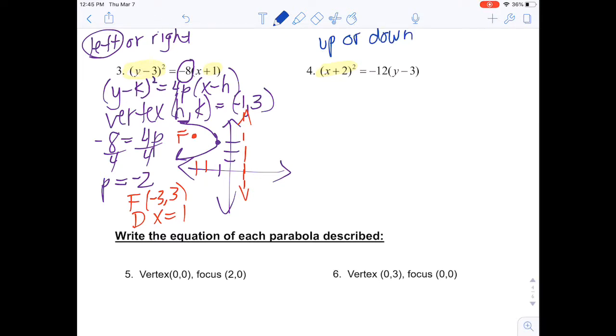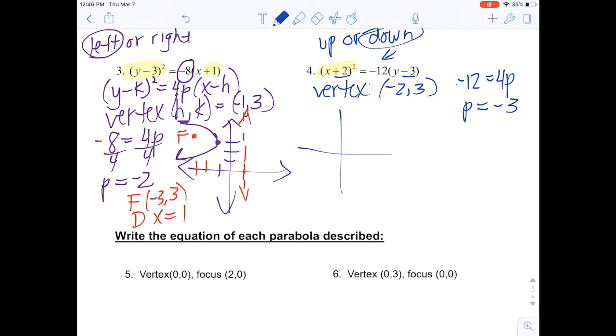Since the x is squared, -12 tells me that it's going down. All right, my vertex, I'm looking there and there. I could tell that's going to be (-2, 3). Set -12 equal to 4p. We get p equals -3.